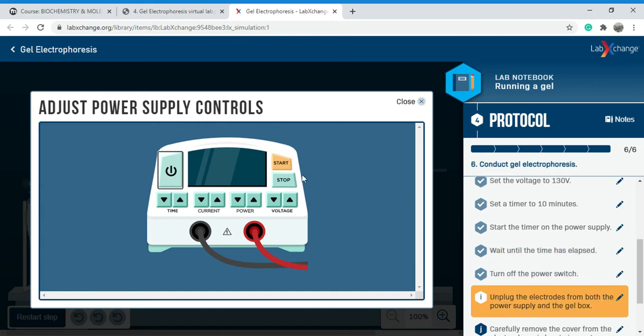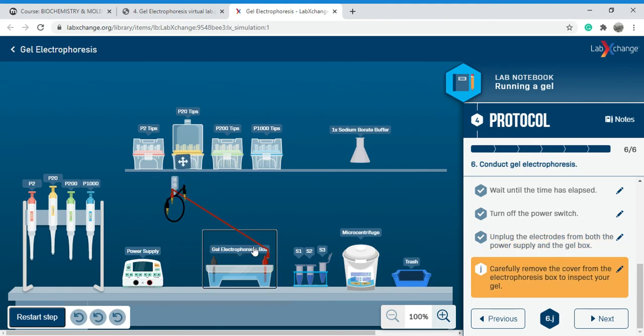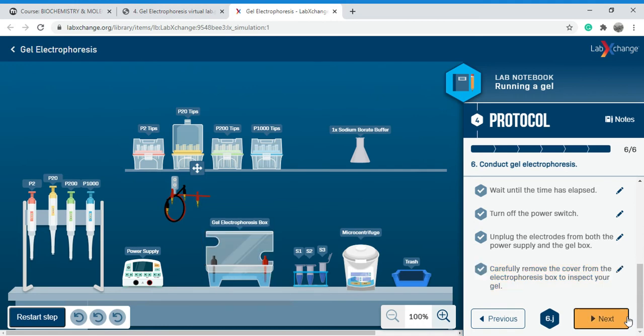Once that is over, we turn off the switch and we unplug the electrode. Carefully remove the cover from the electrophoresis box to inspect the gel. Move on to the next step.